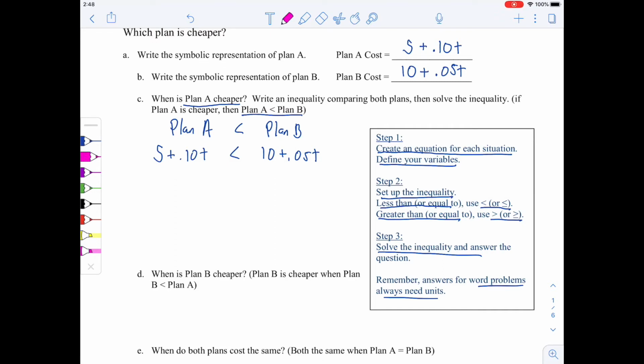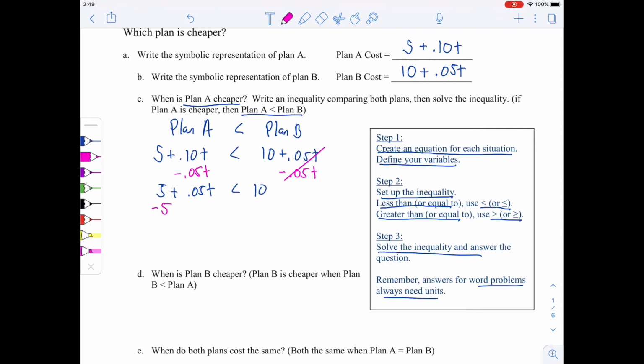Okay, the trick is to keep track of our inequality sign. We're always going to get rid of the variable on the right. Right, so we're going to subtract 0.05 t to both sides first, because we want to get rid of the one on the right so we don't end up with mixed inequalities where we have to flip it at the end. Right, so we get 0.05, subtract that, so we end up with 5 plus 0.05 t is less than 10.